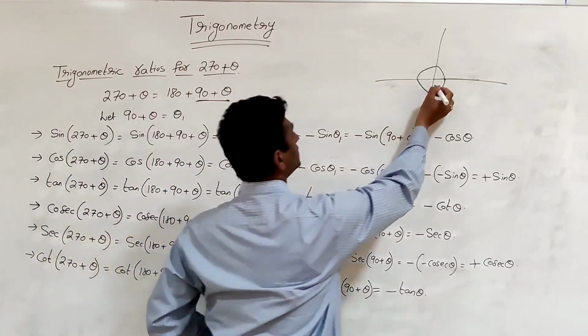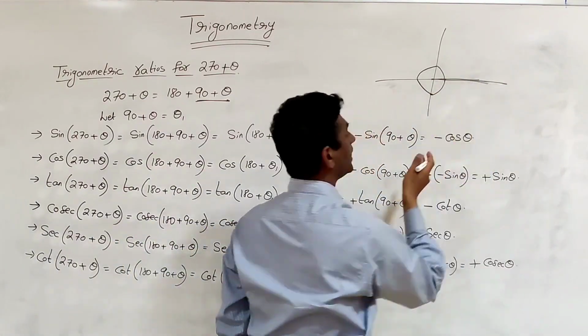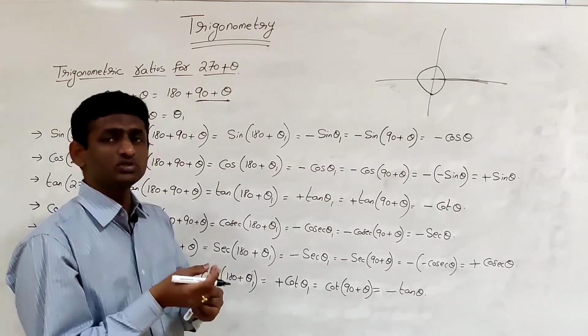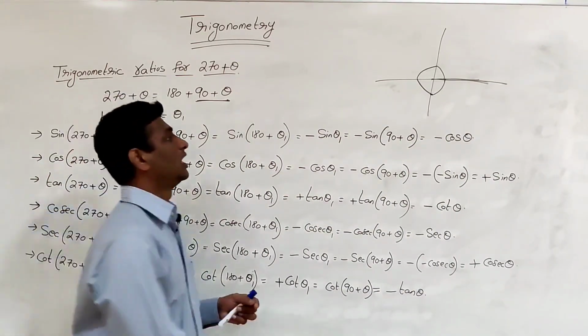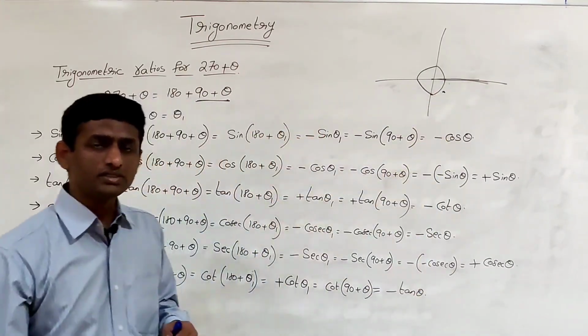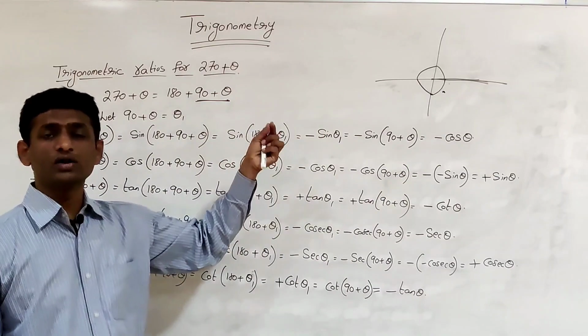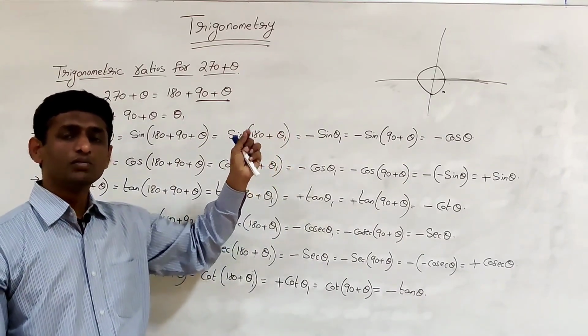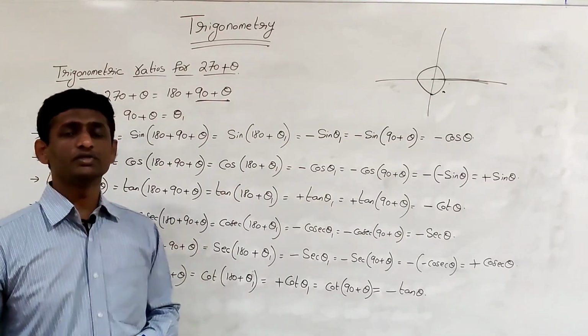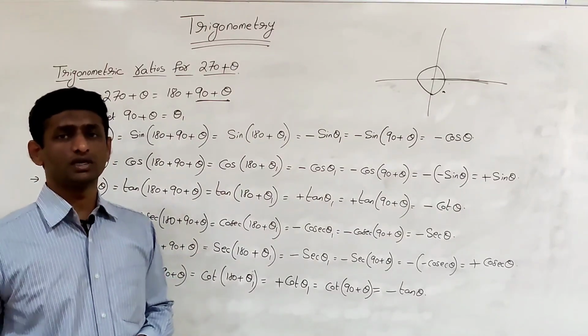So again 360 degrees lies on the positive x-axis. Now, if we remove some angle from 360 degrees, it will lie in the fourth quadrant. So 270 plus theta or 360 minus theta, both angles lie in the fourth quadrant. Now we'll see what the trigonometric ratios are for 360 minus theta.